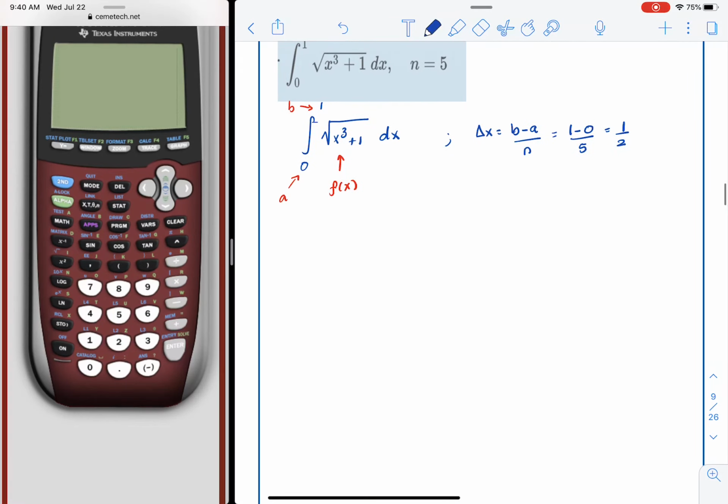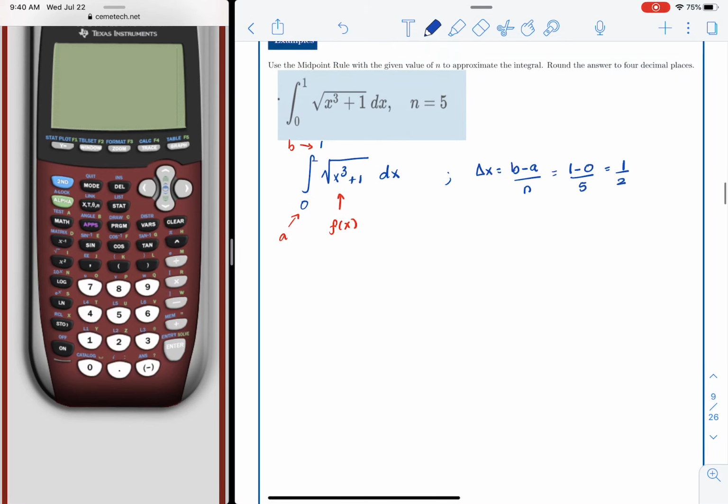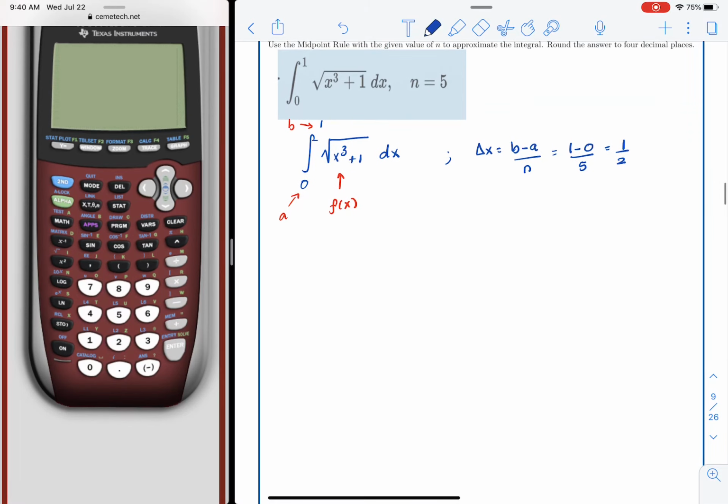So first we've got to get midpoints. It's bad math there. It's not 1/2, it's 1/5. For a minute there, like, what just happened? So it is 1/5.